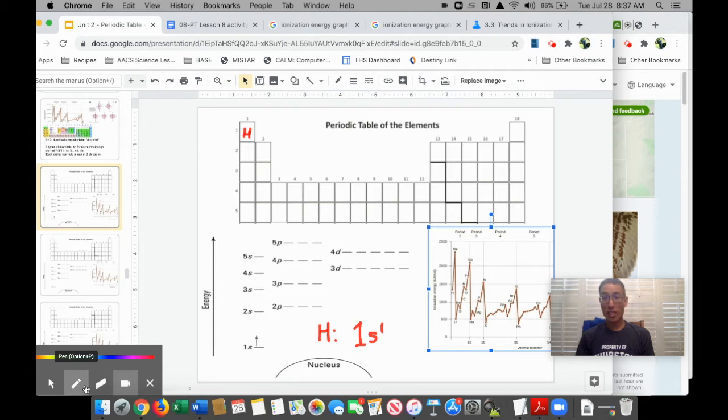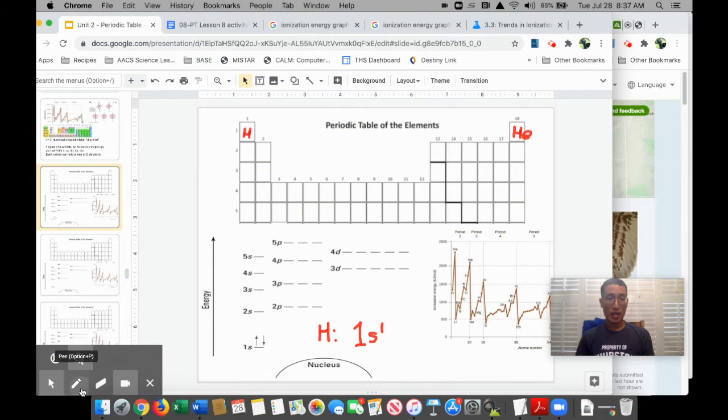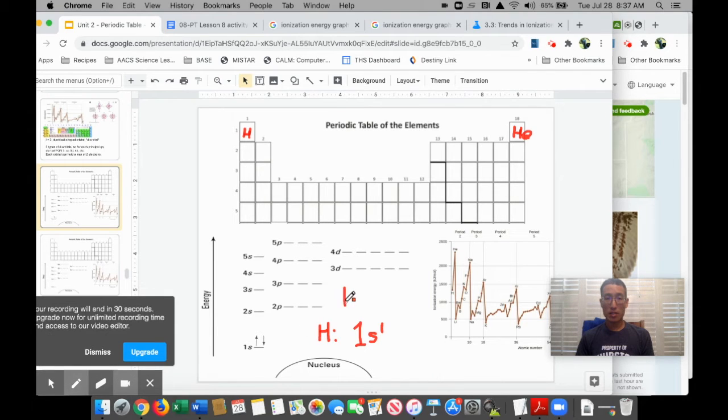If we go on to the next one, helium. Helium's right here, and it's got 2 electrons. So where's that one going to go? It's only got one place to go, because we don't want to start putting them into the higher ones. It's got to fill up the lower ones first. And so helium is going to have a spin up electron and a spin down electron.